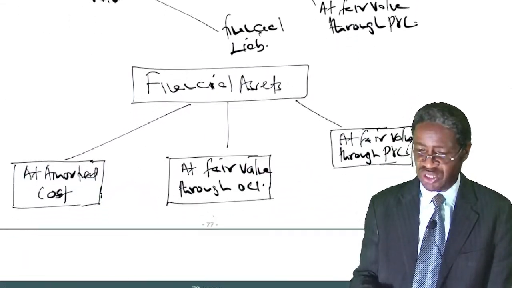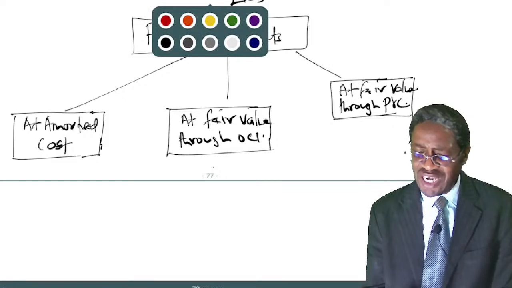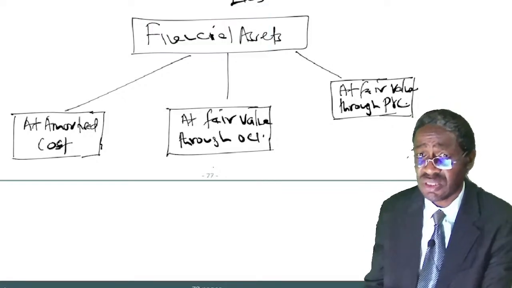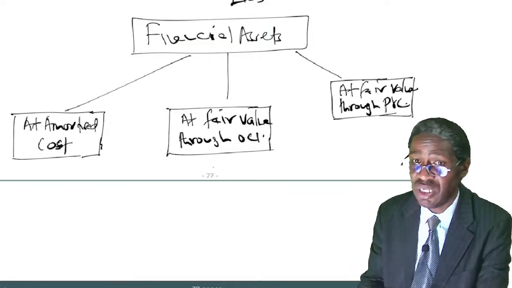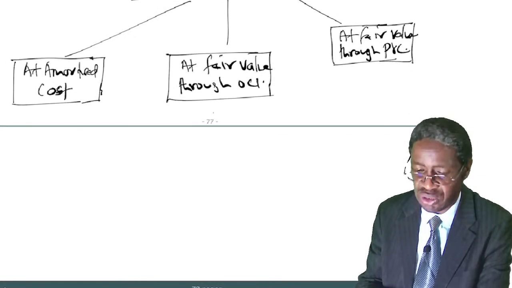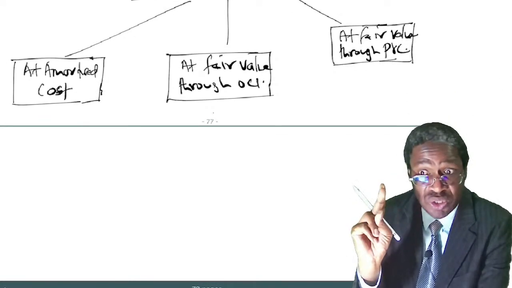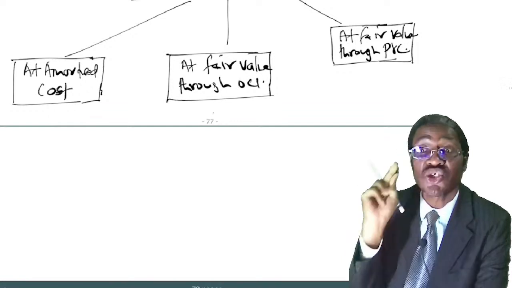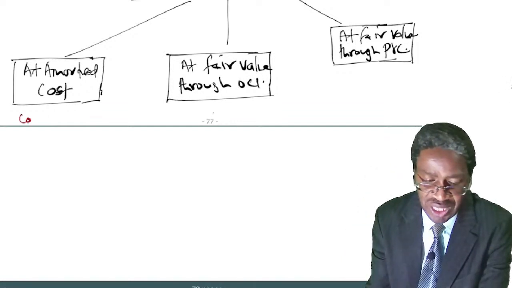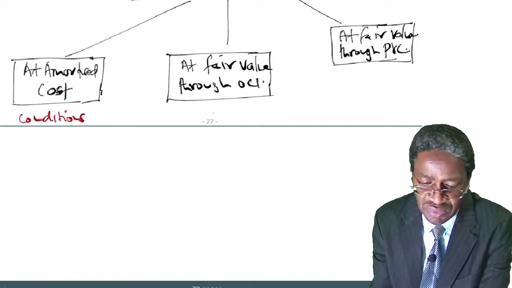So listen to this now. For a financial asset to be measured or remeasured at amortized cost, there are two conditions that financial asset should have. So what are the conditions?